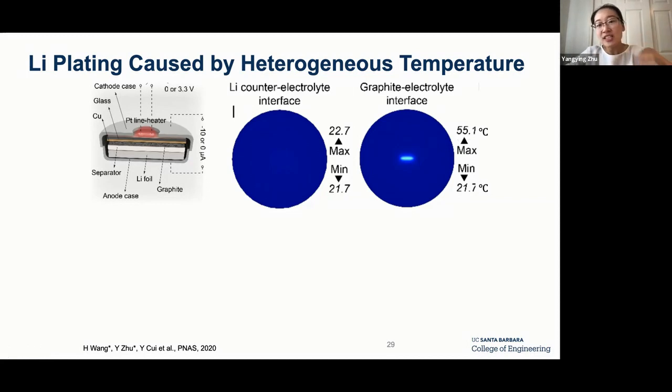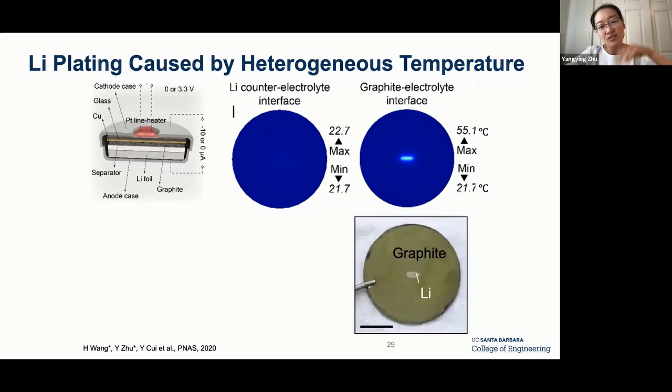Then we charged the battery at a normal charge rate, not even high fast charging, and when we disassembled the battery, we immediately saw lithium metal in the center region on top of graphite.